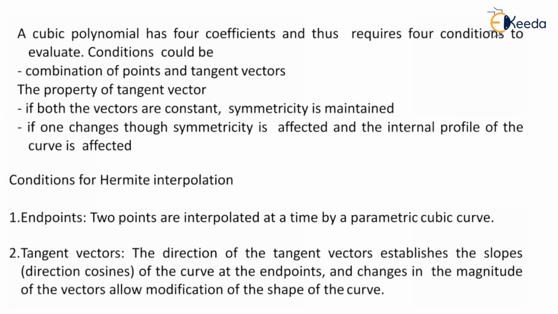The condition for Hermite interpolation is the endpoints: two points are interpolated at a time by a parametric cubic curve. The direction of the tangent vector establishes the slope, that is, the direction cosines of the curve at the endpoints, and changing the magnitude of the vectors allows modification of the shape of the curve.